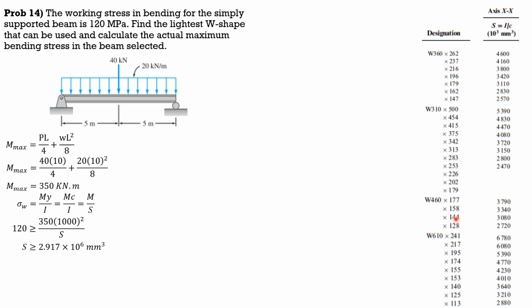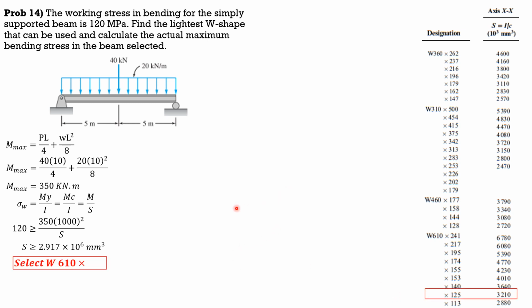This will be our updated selection. But for W610 by 241, we have W610 by 125, which has actual section modulus of 3.21 times 10 to the 6. And this is the lightest among these varieties. So therefore, we select W610 by 125.